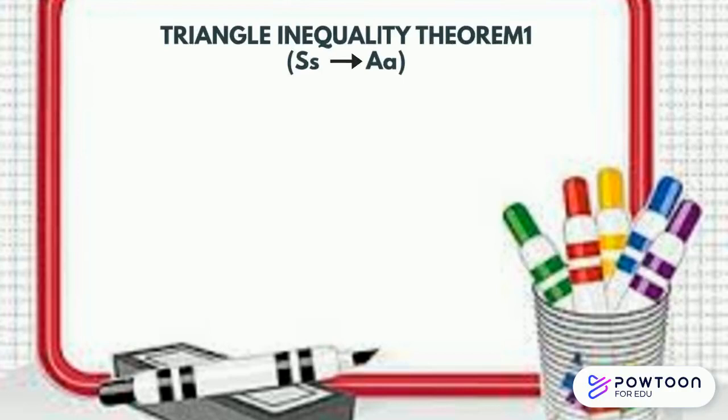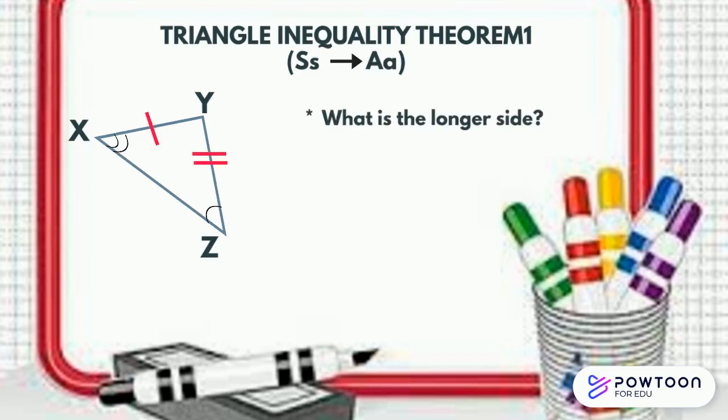Let us say we have triangle XYZ with the following tick marks. Now, what is the longer side? Side YZ. Correct. What is the shorter side? Side XY, and that is correct.